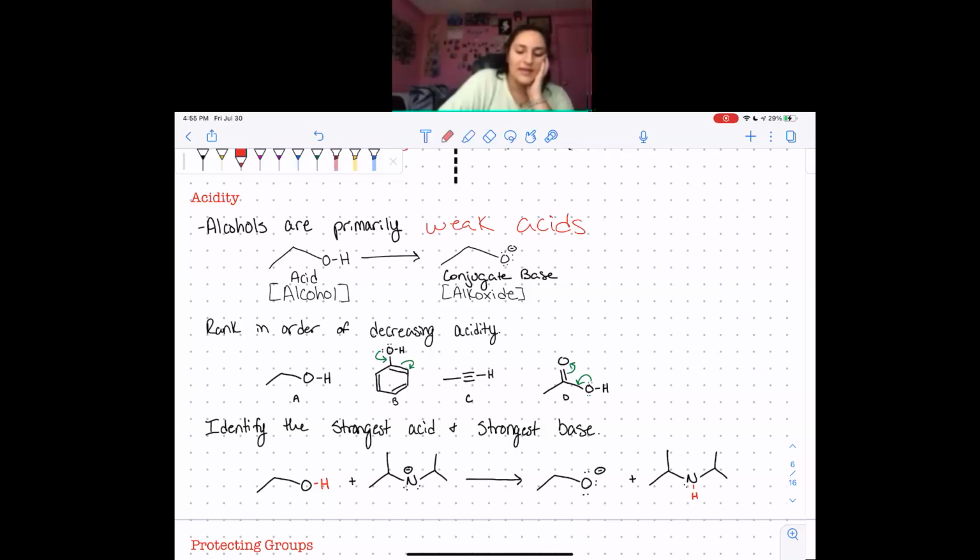So we know that C is going to be the least acidic, followed by A, because A has no resonance. B and D both have a lot of resonance, but if you draw these structures out, you will see that this has a charge on a carbon, whereas this has charges only on oxygens, and so that is much more stable, so it is more acidic.